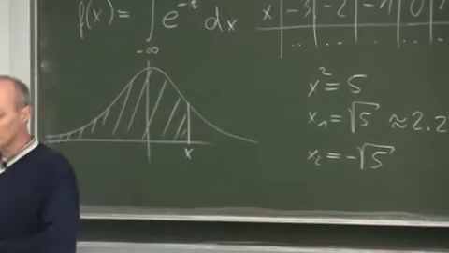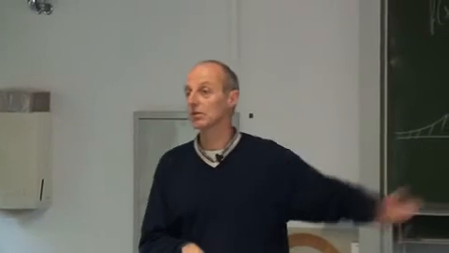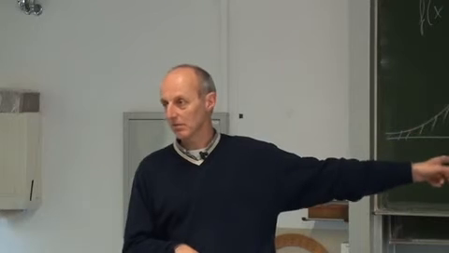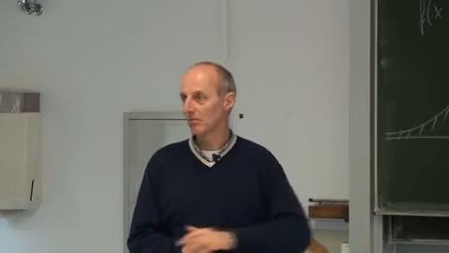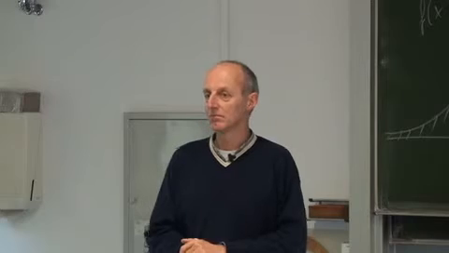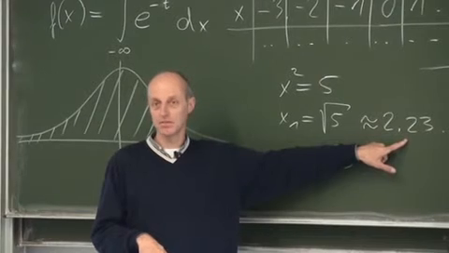Suppose you have to do further calculations with this result. Why is this better? Because the square of this is 5, and the square of this is something else.